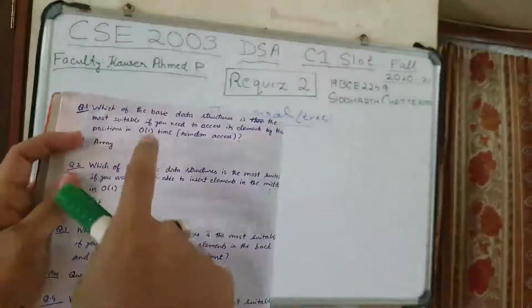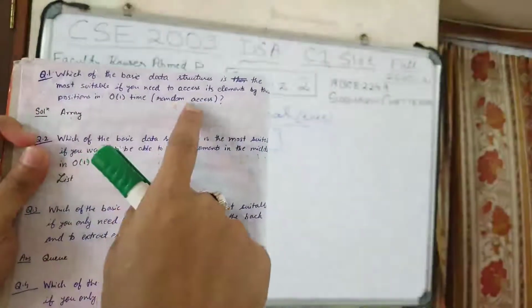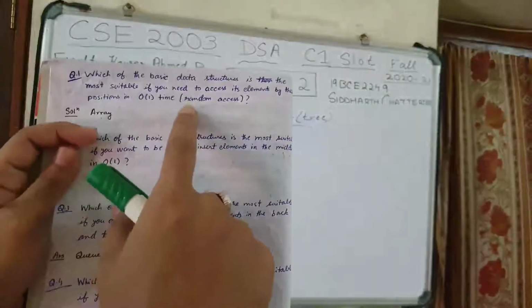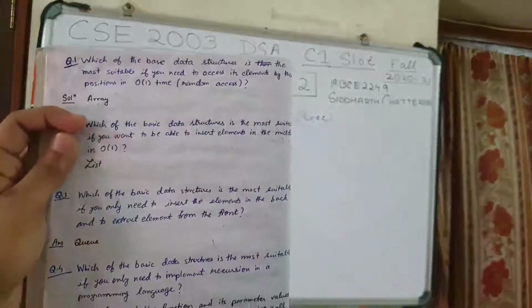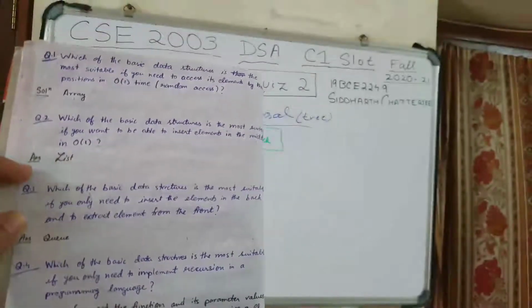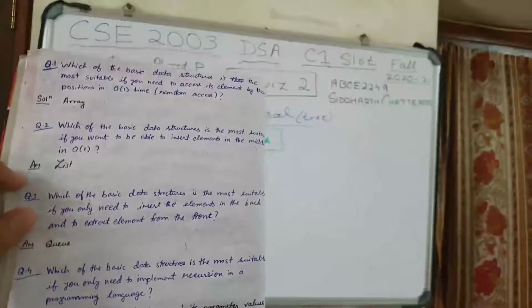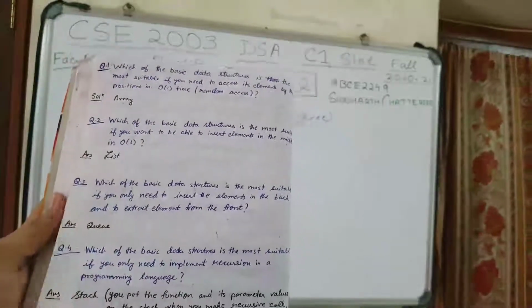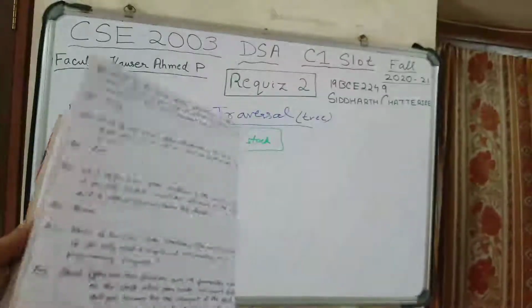The question is, which of the basic data structures is the most suitable if you need to access elements by position in O(1) time? O(1) is constant time, or random access, so it's an array. Which basic data structure is most suitable if you want to be able to insert elements in the middle in O(1) time? It's a list. We did this earlier.